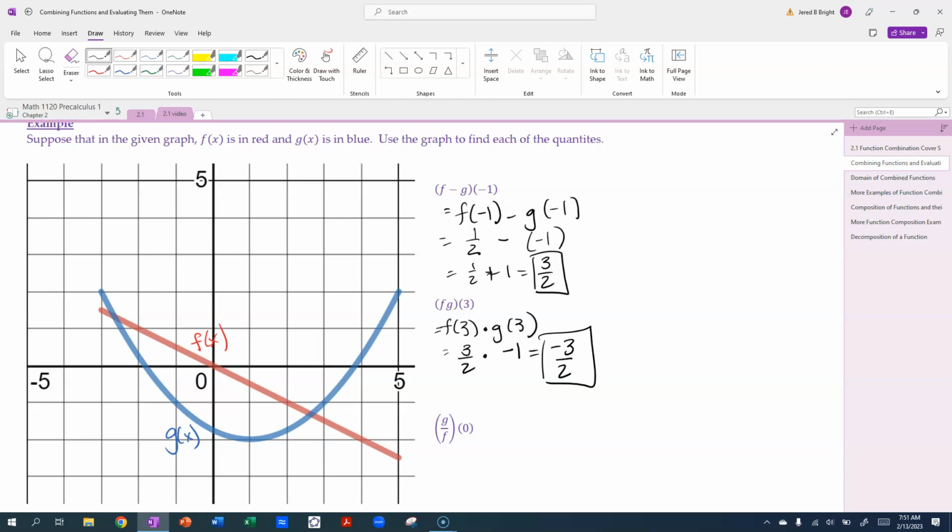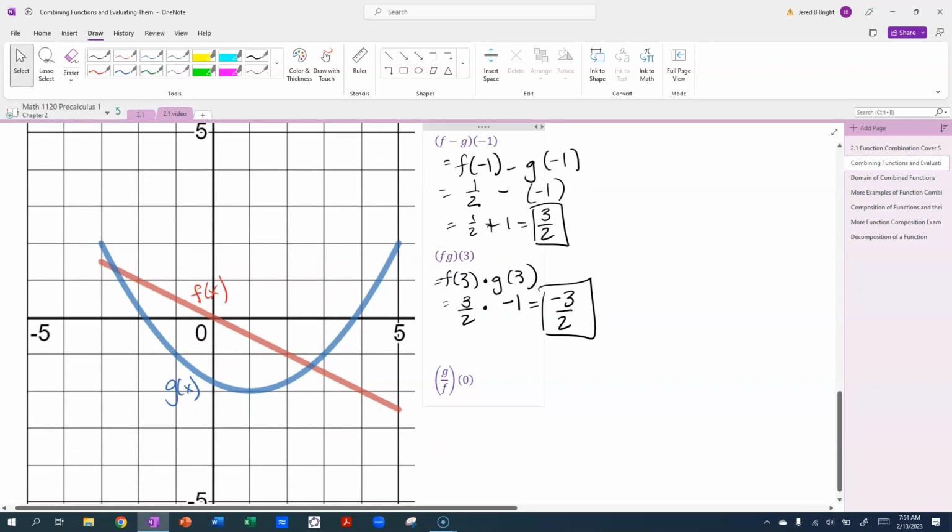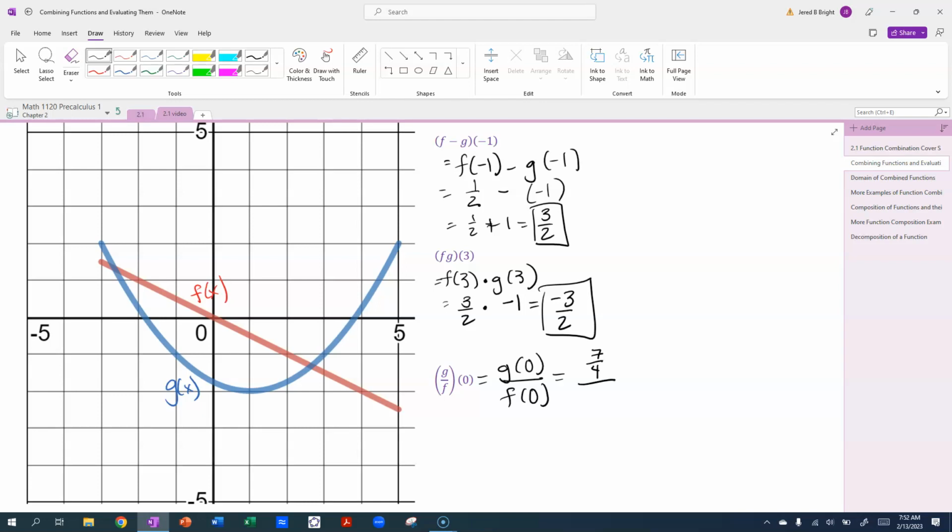Last example. (g over f) of 0. By definition this would be g of 0 over f of 0. Okay, g of 0, what is that? Like 1.75, so 1 3/4. We're going to call that 7/4 as a fraction.